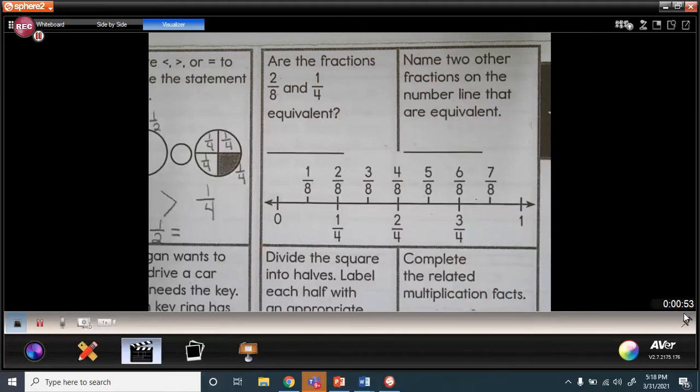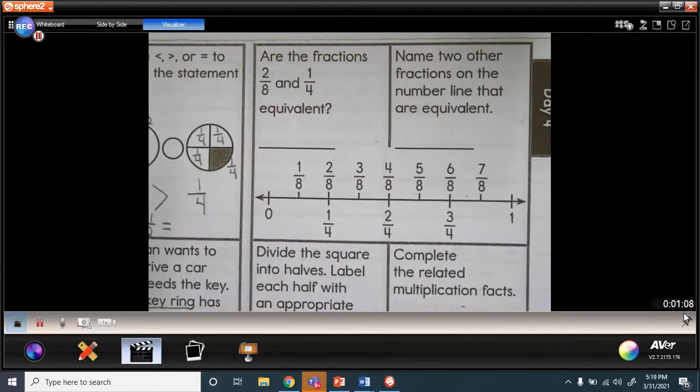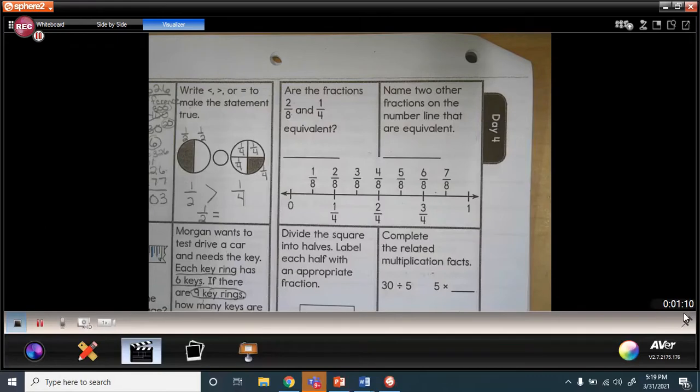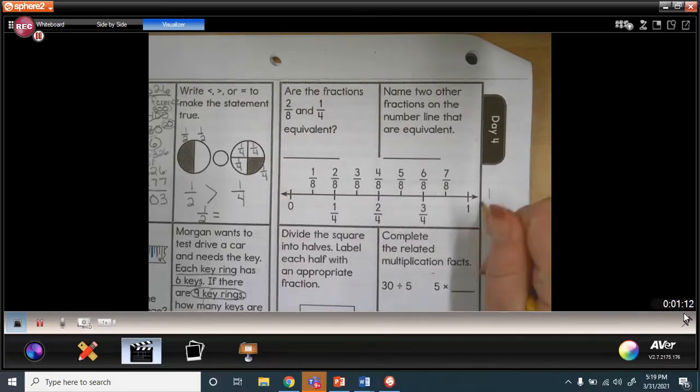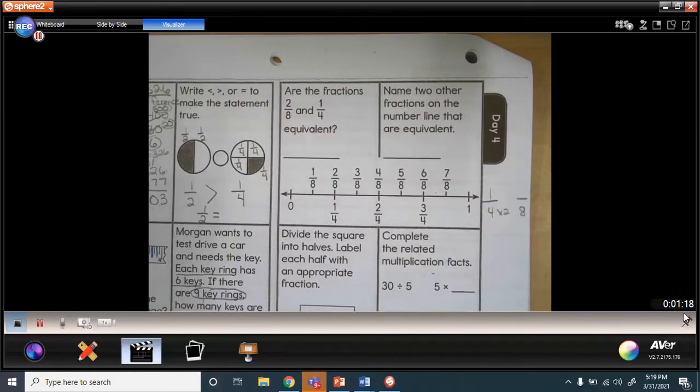It says, are the fractions 2/8 and 1/4 equivalent? So remember that when we take our fourths and cut them into 2 pieces, we are creating eighths. Everybody remember that? We're creating eighths. So for every fourth, there are going to be 2 of the eighths.